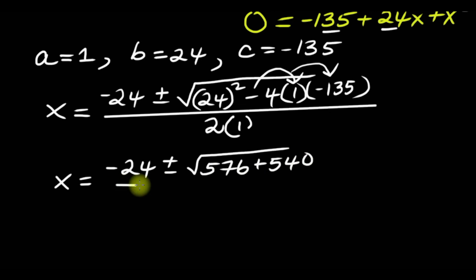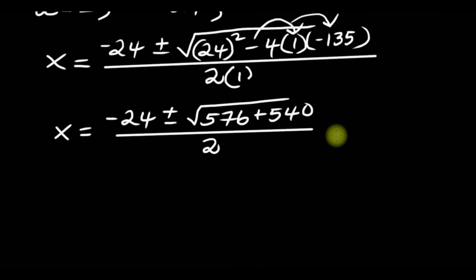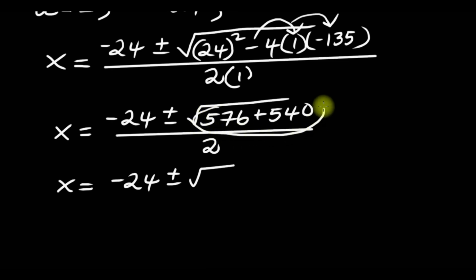And then that whole thing divided by 2. All right, so continue with this. I have x is negative 24 plus or minus square root of, got to add these two numbers. That is going to give me 1116, all over 2.